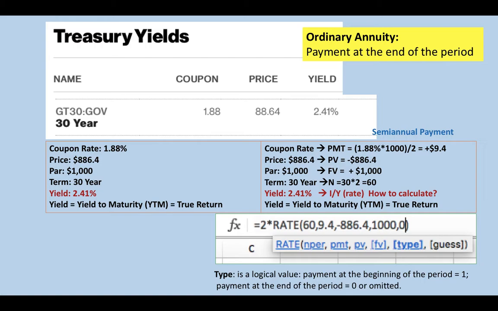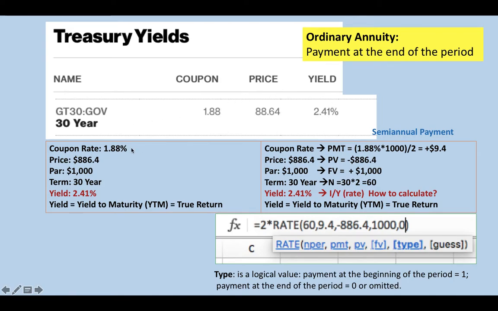Payment at the end is called an ordinary annuity; payment at the beginning is called an annuity due. So just remember that all bonds are ordinary annuities because the coupon payment is at the end of each period. That's the first thing.